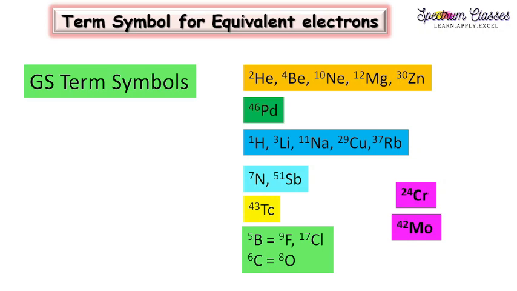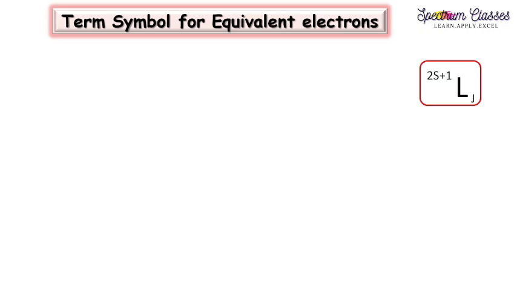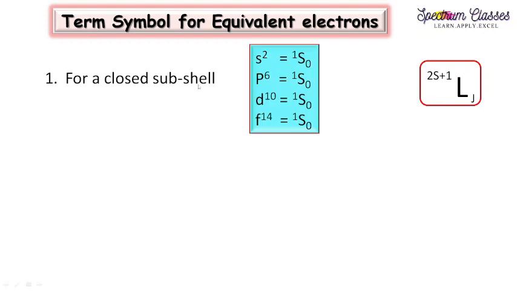So let's start with the video for the prediction of ground state term symbols for the elements. Here first I am going to discuss the term symbols for equivalent electrons. For a closed shell, s2, the s orbital can occupy a maximum of 2 electrons with antiparallel spin.